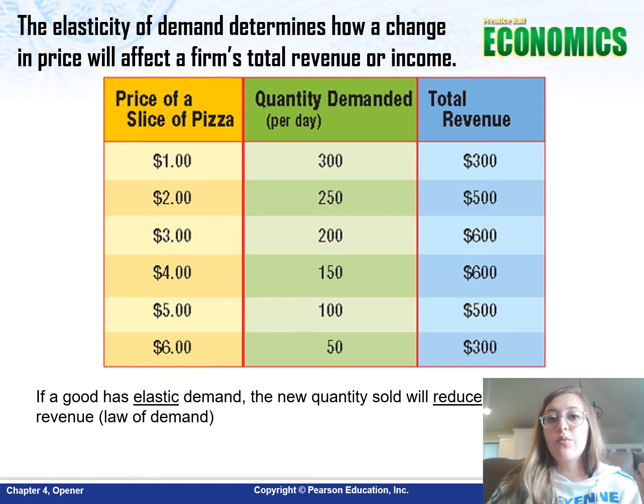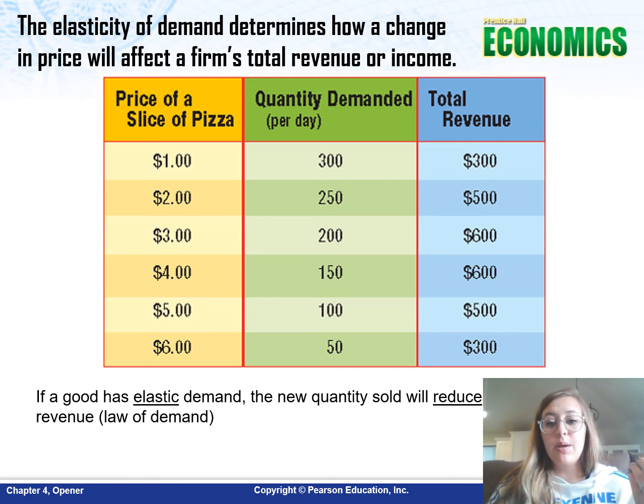So remember, total revenue is the amount of money that a company receives for selling its goods. Still have to remove expenses to get profit. That's what total revenue is. So if a good has elastic demand, the new quantity sold can actually reduce total revenue.